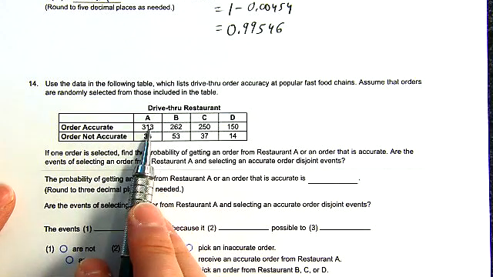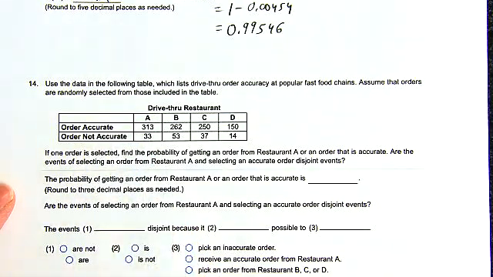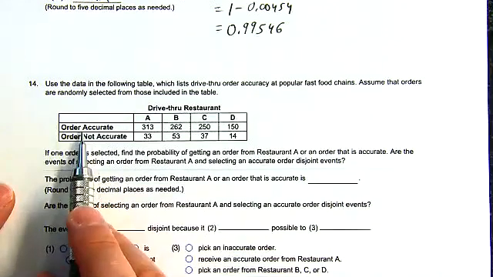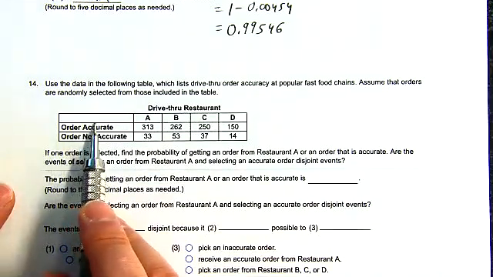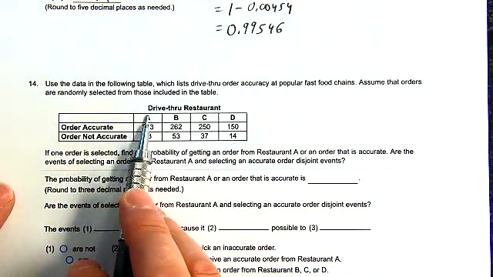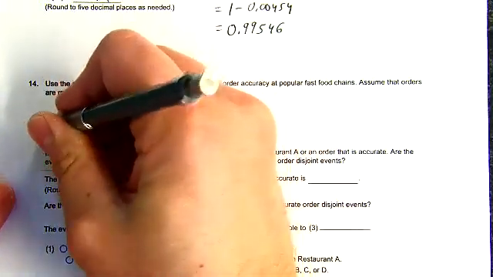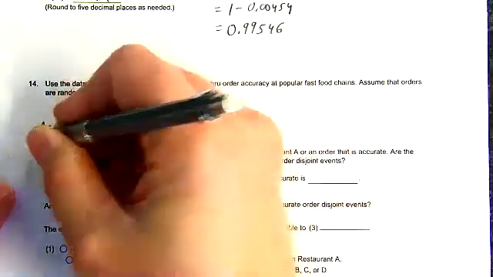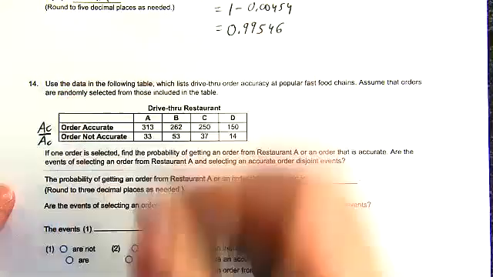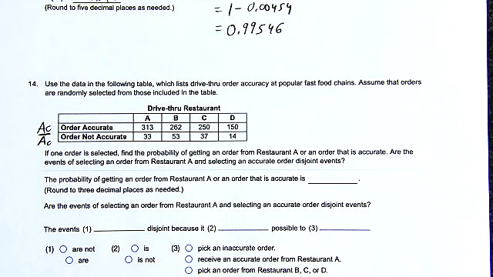It was accurate or it was not accurate. Now, since we would typically like to use the letter A for accurate, but since A has already been reserved for this restaurant, let's use AC for accurate. And then we'll use AC complement for not accurate, just to save us some writing.